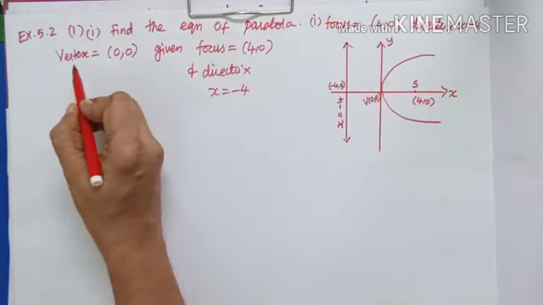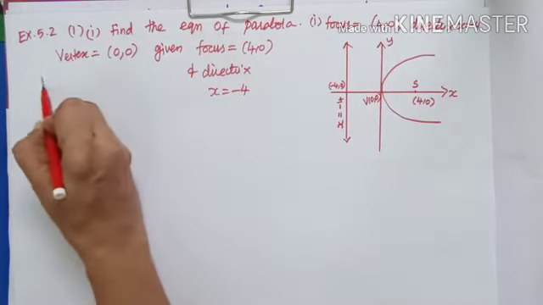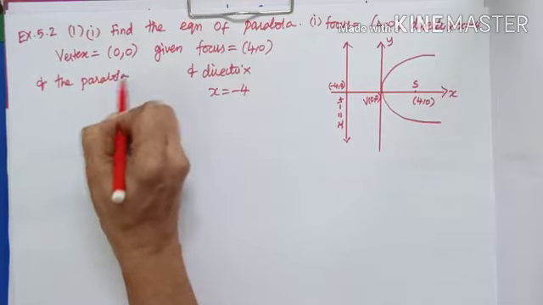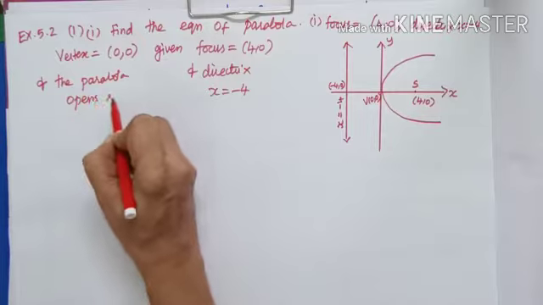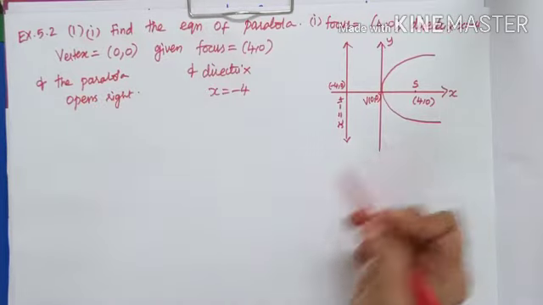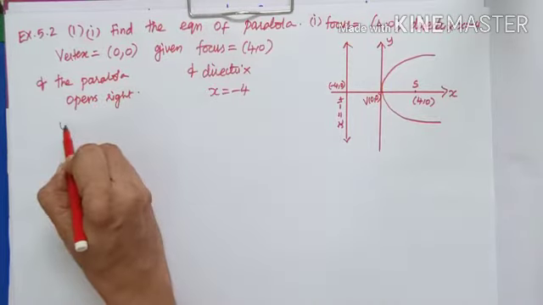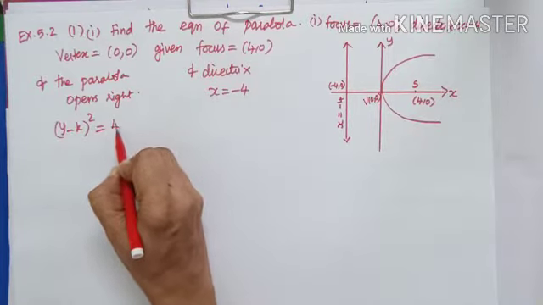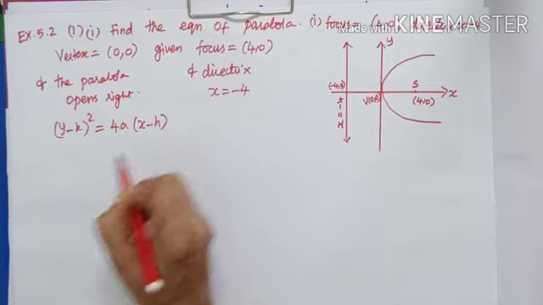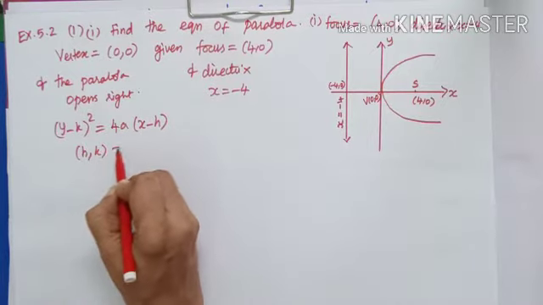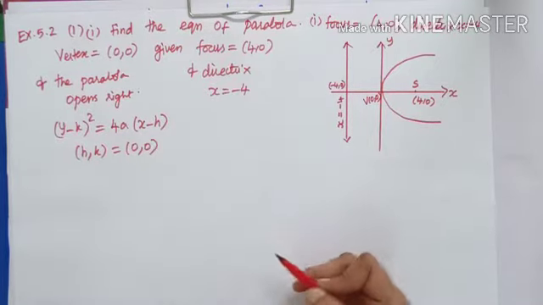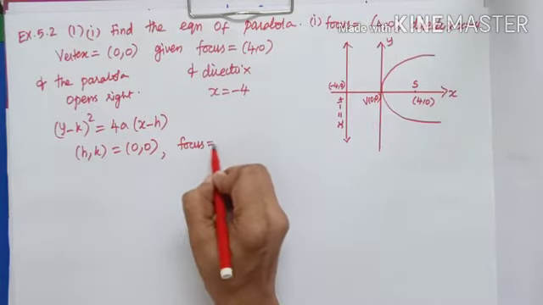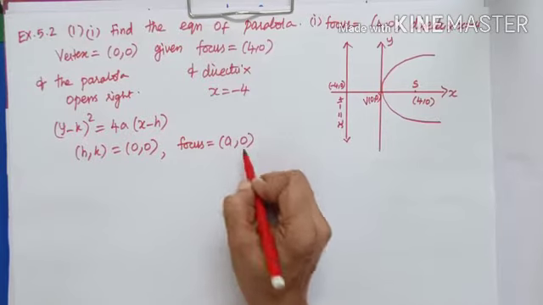We have identified the vertex is (0, 0) and the parabola opens right. What is the equation when it opens right? It is (y minus k) the whole square equals 4a times (x minus h). In this case, (h, k) equals (0, 0) and the focus will be (a, 0).